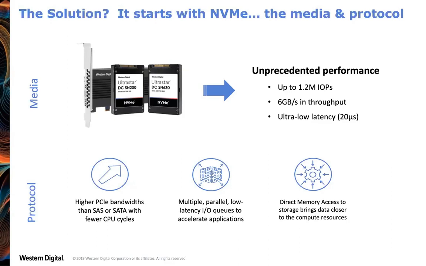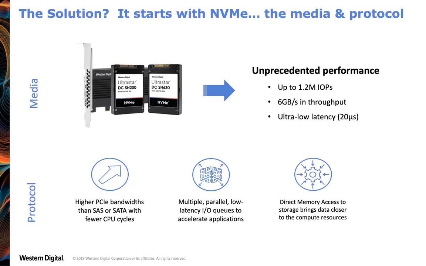And why is that important? That's important because it supports more scattered I/O. So you basically have less overhead on the CPU, so the CPU can be used for other purposes. So you get, again, lower latency because of the direct memory access, and you get a lot more I/O queues that you can process.